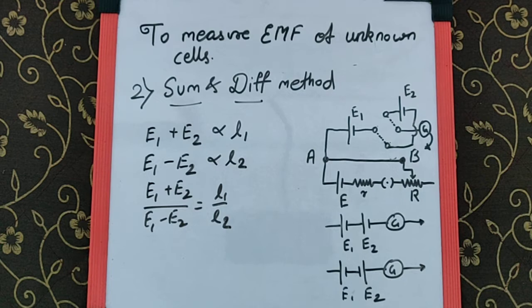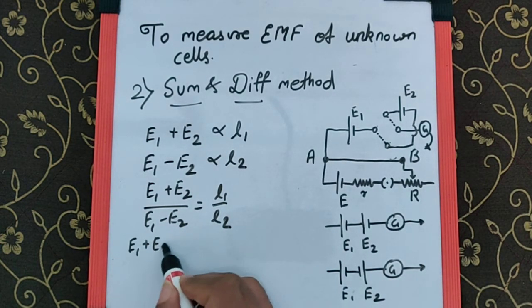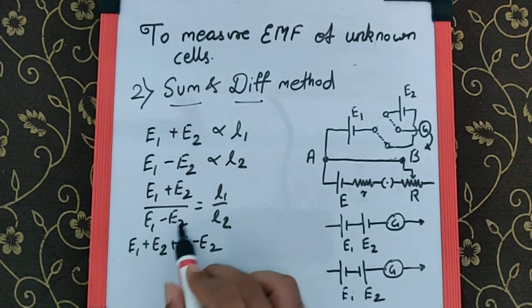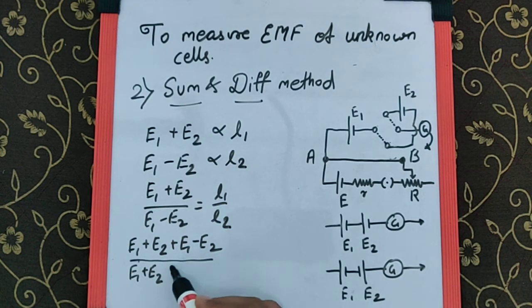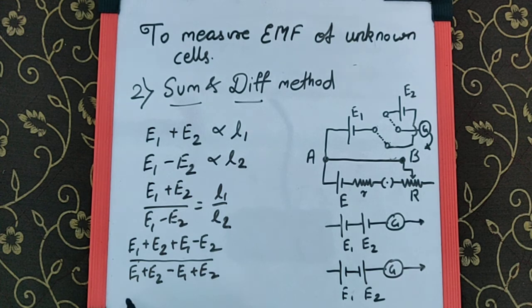Now if we go for componendo and dividendo, we get E1 plus E2 plus E1 minus E2, that is the sum of the numerator and denominator, in the numerator, upon E1 plus E2 minus E1 plus E2, that is the difference of the numerator and the denominator, in the denominator.